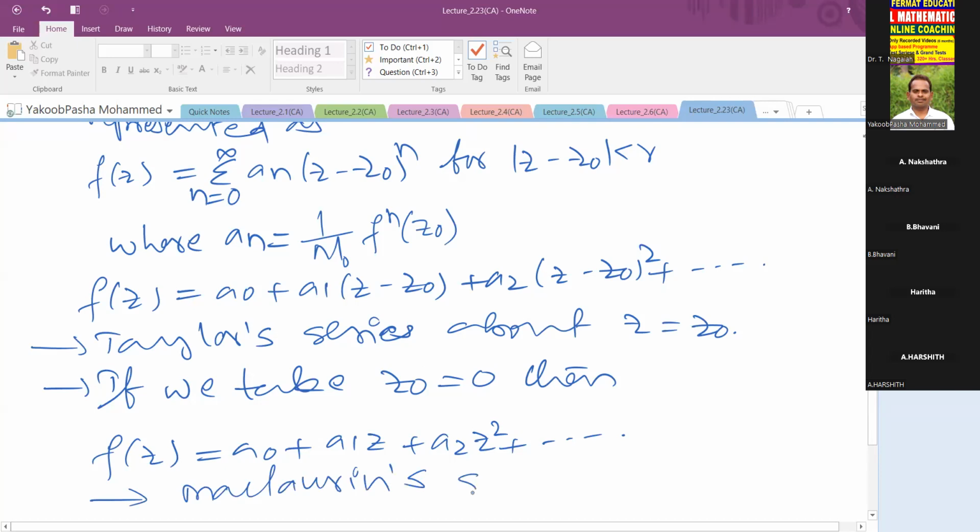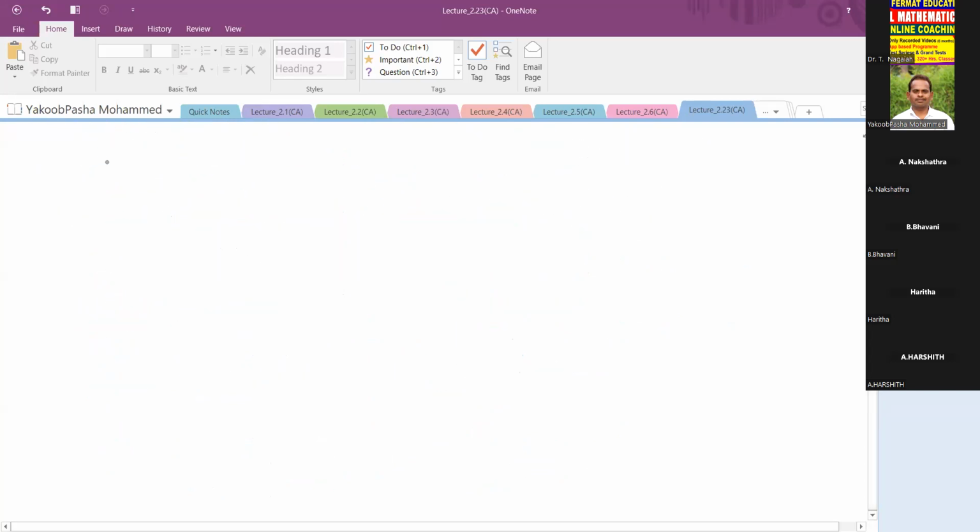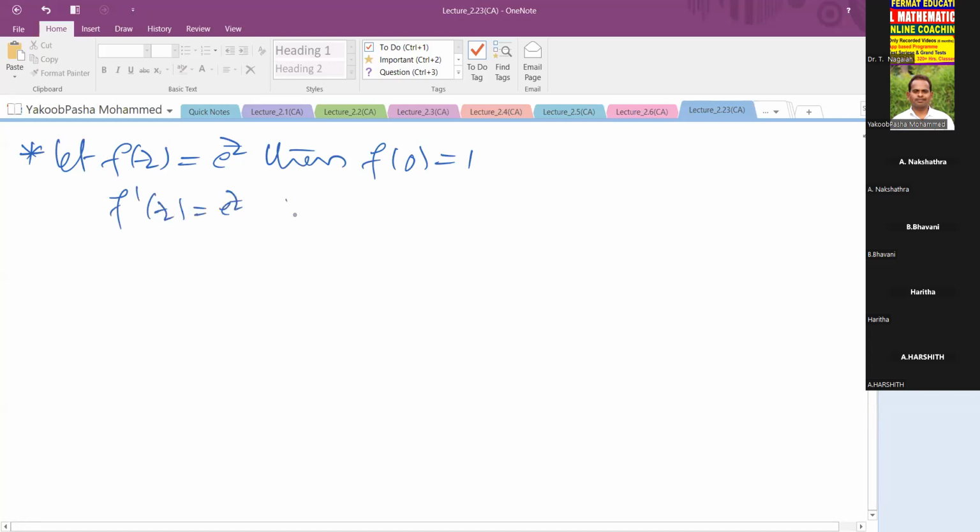Okay. By the use of Maclaurin's and Taylor series, we can expand functions. For example, if we take f of z equal to e to the power of z, then we can find f of 0, that is 1, and f dash of z is e power z, and f dash of 0 is also 1.